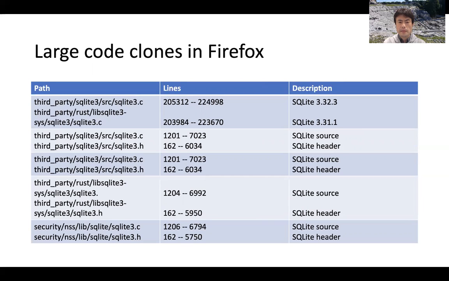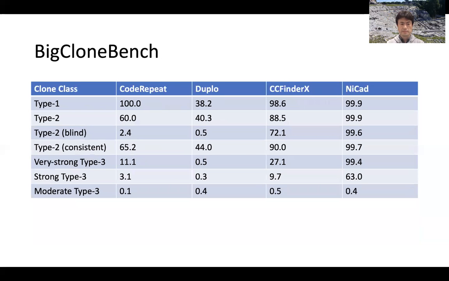We found that Firefox has different versions of the SQLite implementation. Also, the SQLite implementation has a common code block in its source and header. This information is useful to maintain the Firefox repository.